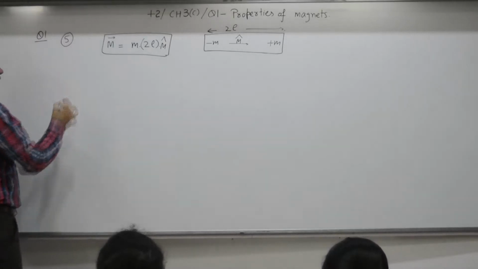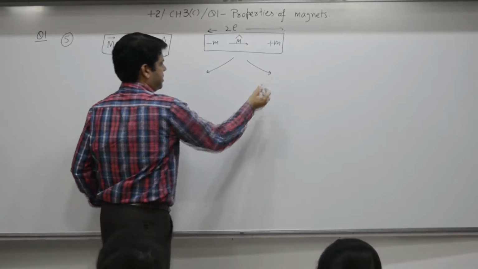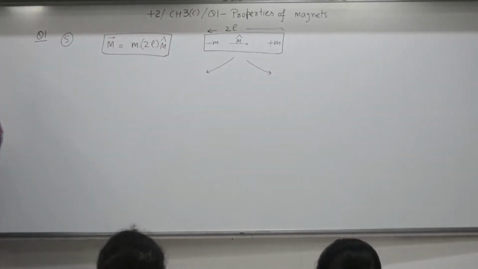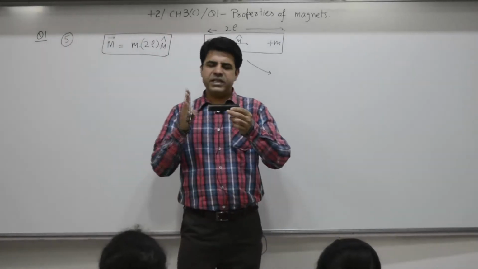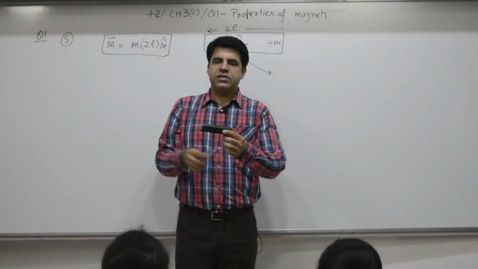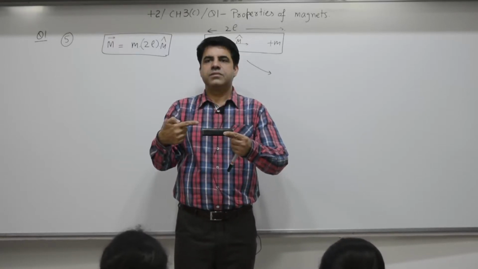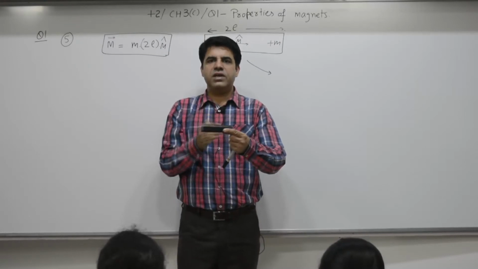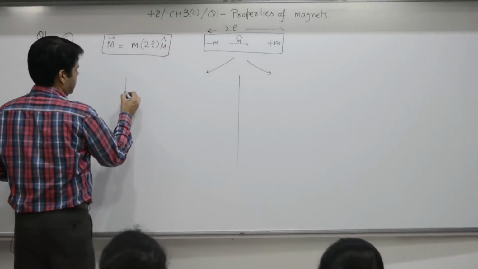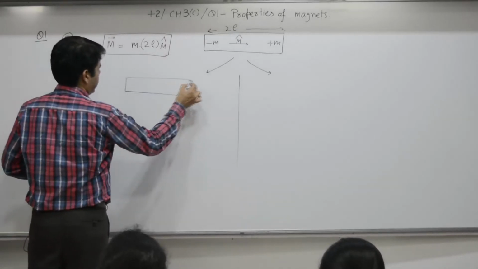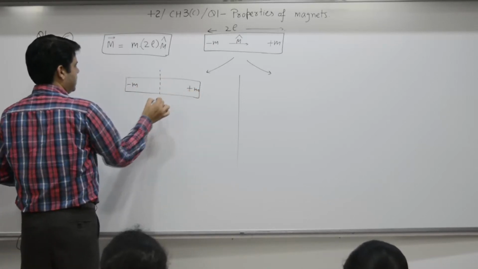Now, if you cut this magnet in two equal parts, there are two ways to do that. Method number one: you have a cutting plane perpendicular to the length. This is the original magnet. You cut it in two parts.